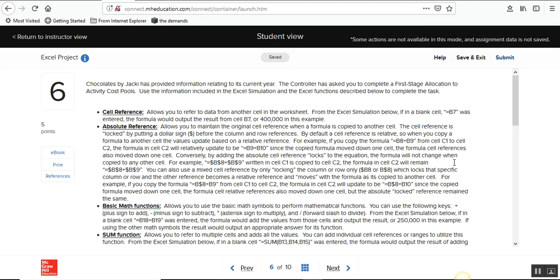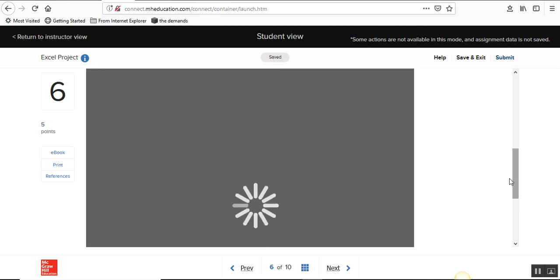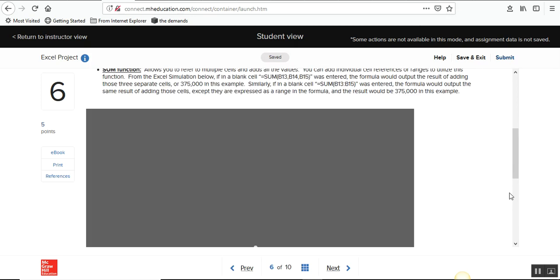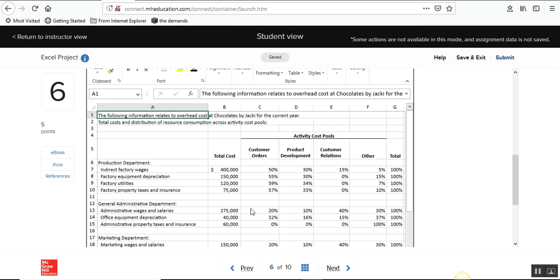In the sixth worksheet, we're going to do a cost allocation, and this is out of chapter 7, but this is basically the kind of thing we were talking about in class. And the video that I've put up in accounting resources will help you with this.